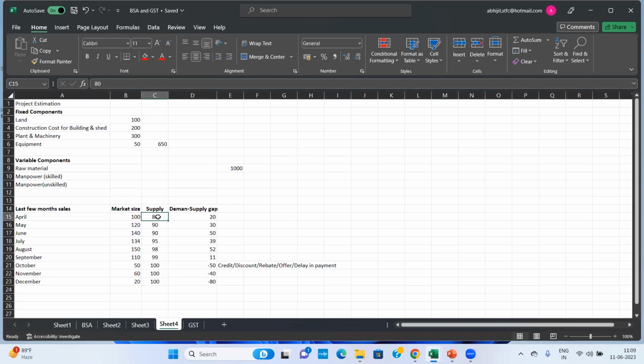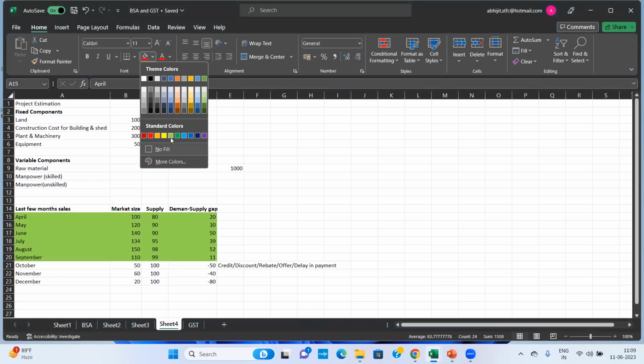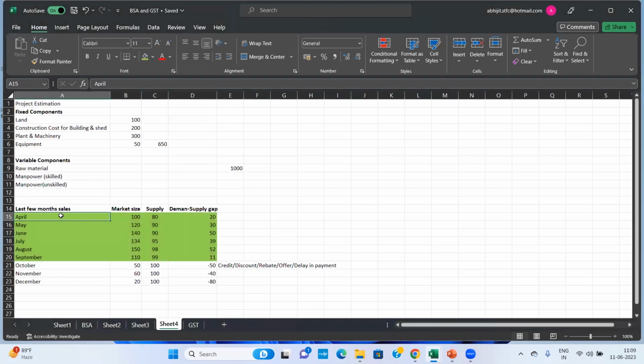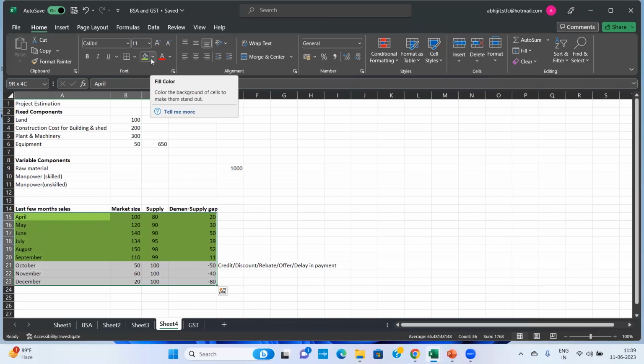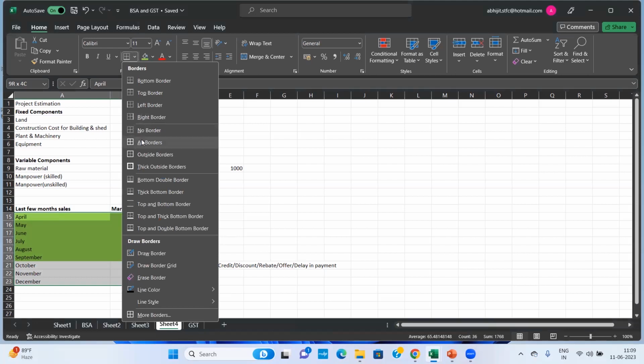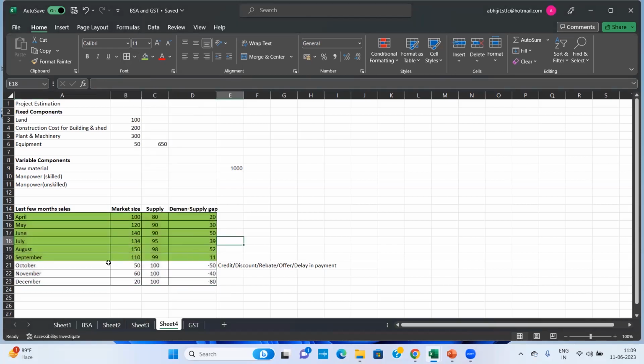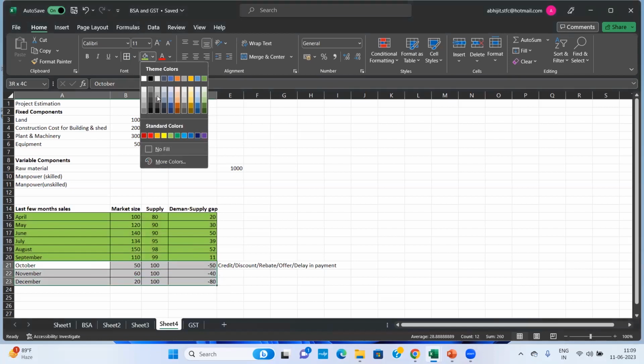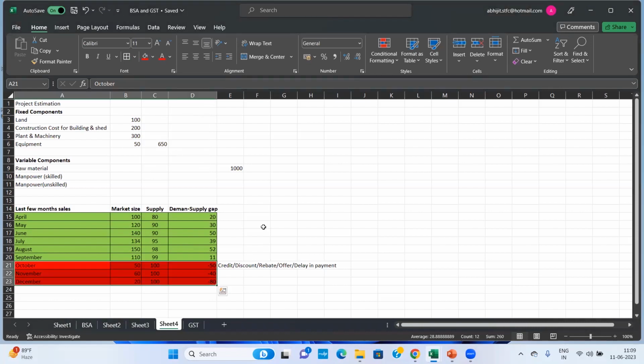It was not here. So up to this much is my green zone. Up to this much is my green zone. Right? This is my red zone. Yes or no?